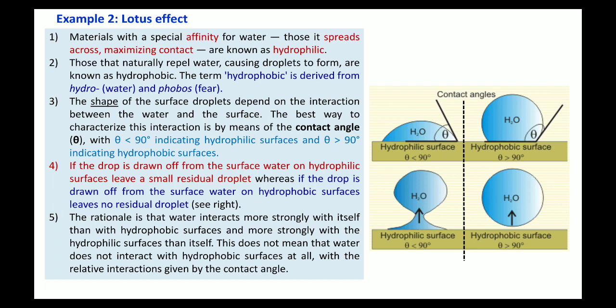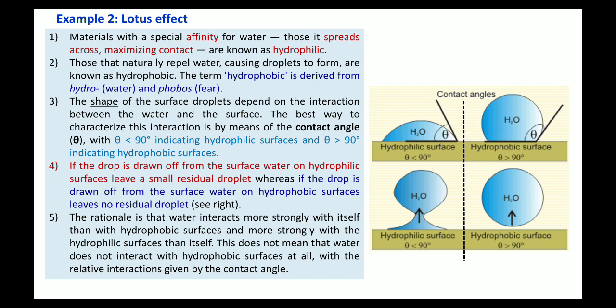What happens in case of hydrophilic surface? The interaction between the water molecule and hydrophilic surface is stronger than the interaction between the individual water molecules. Okay, and because the interaction of hydrophilic surface with water molecule is stronger, some of the water molecules remain on the surface of the hydrophilic material.